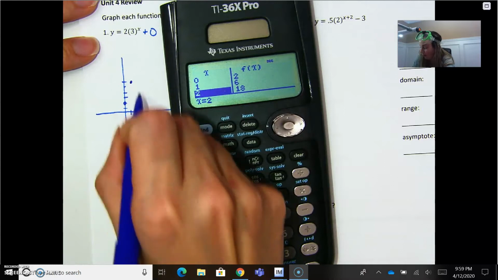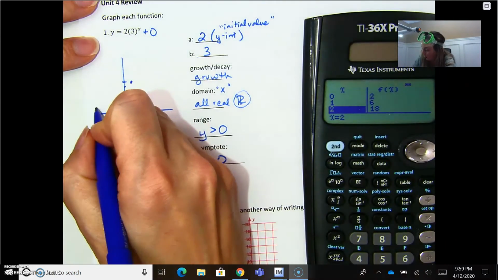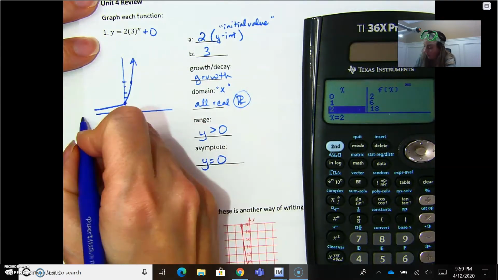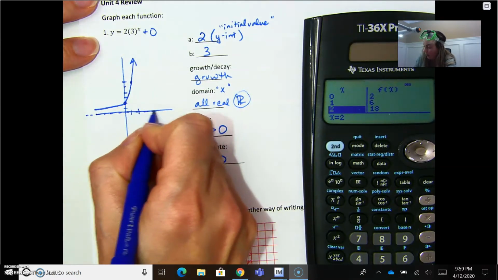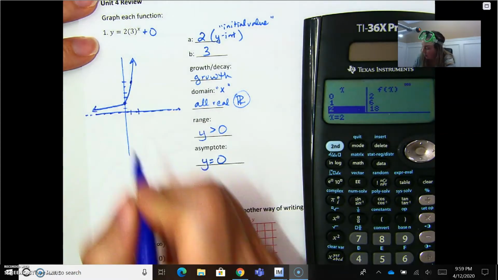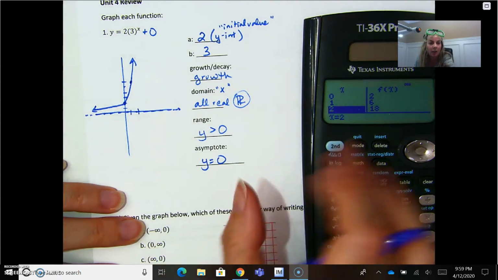That's going to be off the charts. So remember, these grow really fast. And then you've got that asymptote right here on the x-axis at y equals 0. So there's a little rough sketch of that guy.